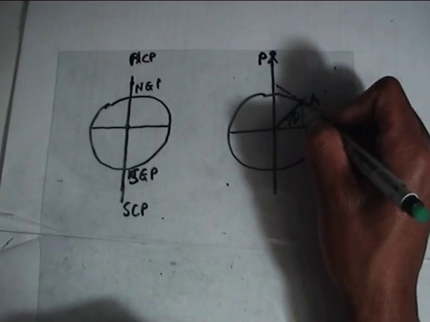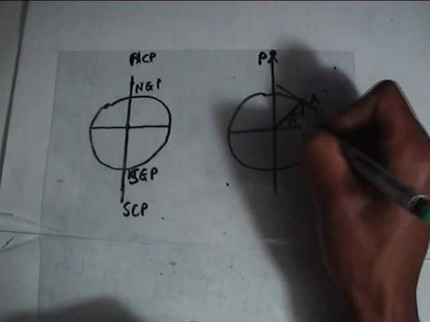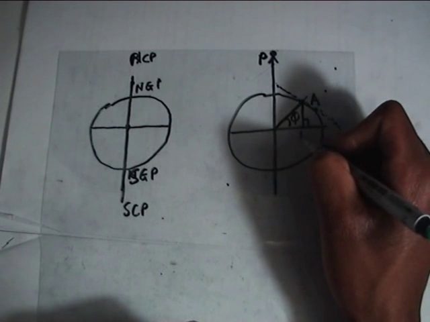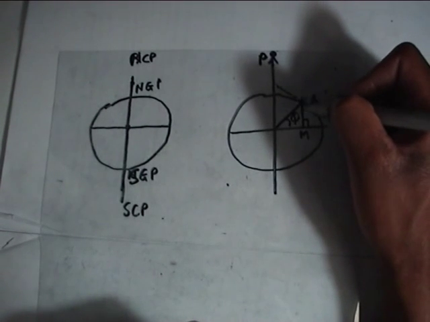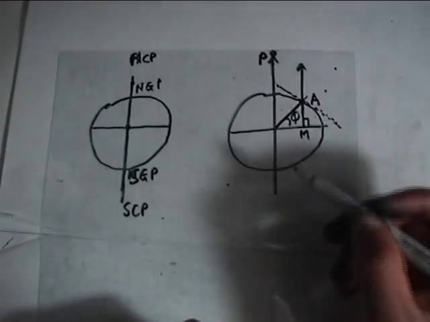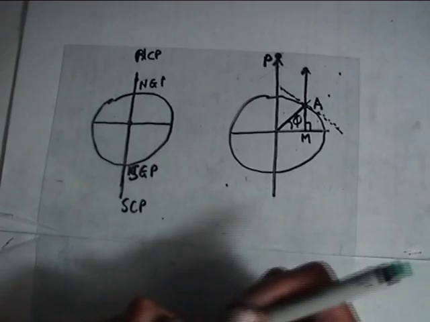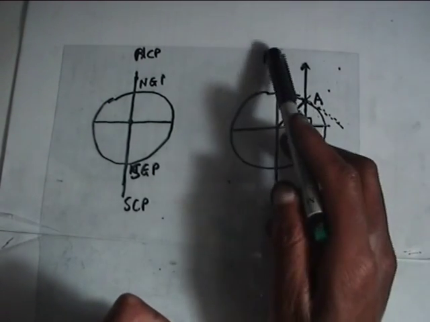So let's just send down a line here to create a right angle triangle, and let's call this point M. Let's extend this line going all the way up to the celestial sphere. So the observer is at A. Let P be the visible pole.